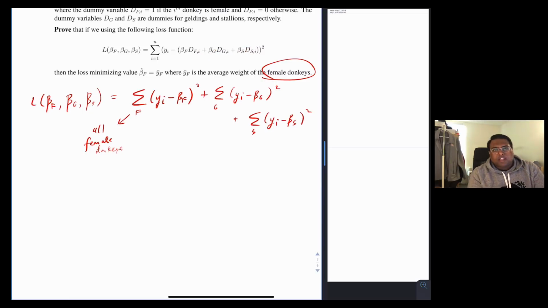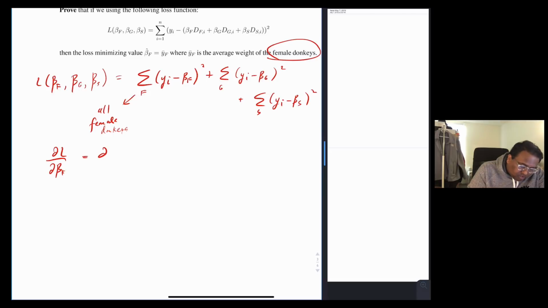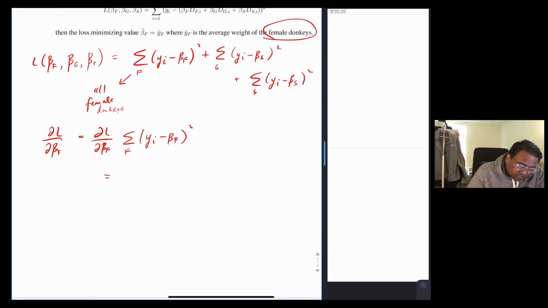And what we want to do is find the optimal value of beta F. So what we do is take the partial derivative with respect to beta F. The latter 2 sums are irrelevant because they don't involve a beta F. So really, this is the partial derivative with respect to beta F of this sum, which is, as we've seen on numerous occasions in this course, use the power rule.